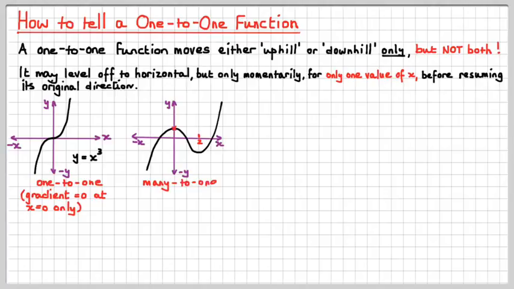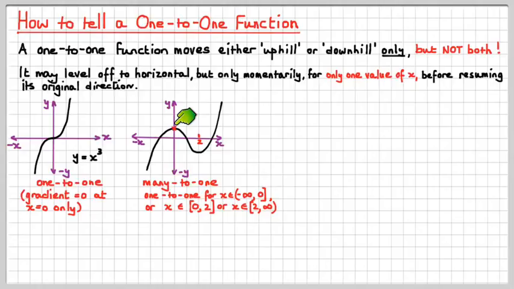Now this is a traditional looking cubic. That's a many-to-one. You can see the horizontal line gets you a many and the vertical line gets you a 1. So it's not a one-to-one, but it would be a one-to-one if we restricted the domain to from minus infinity up to and including where the stationary point is there, so that's where x is naught, okay?